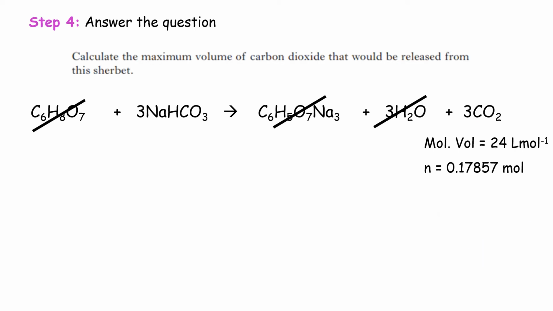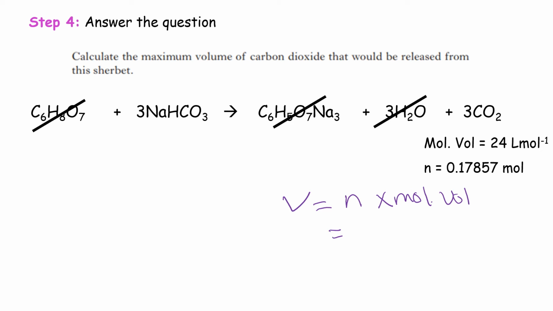The final step is to answer the question. We've got our number of moles, we've worked that out from the molar ratio, and we've got our molar volume. For working this out, volume is equal to number of moles multiplied by molar volume.